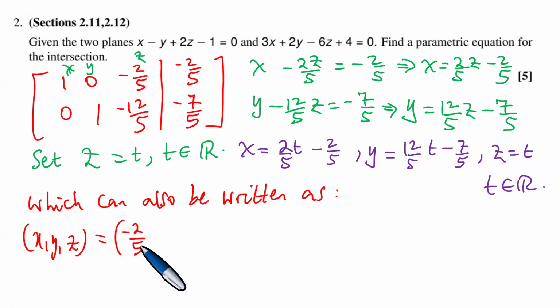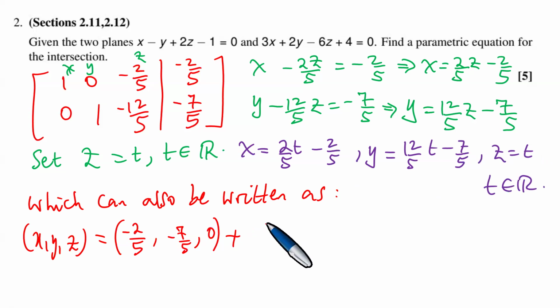For x the constant is minus 2 out of 5. For y the constant is minus 7 out of 5. z has no constant, so it's 0.